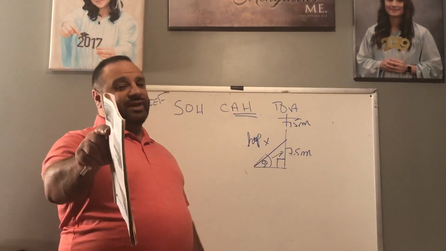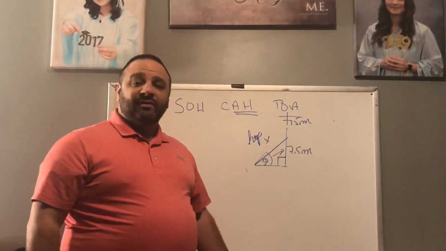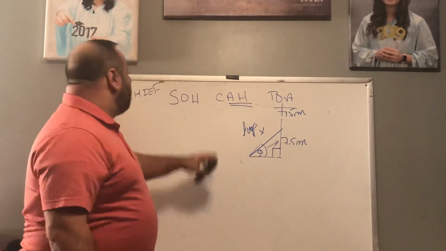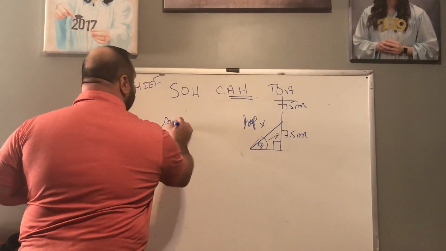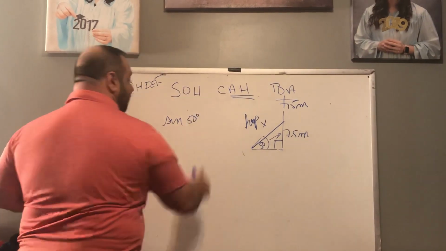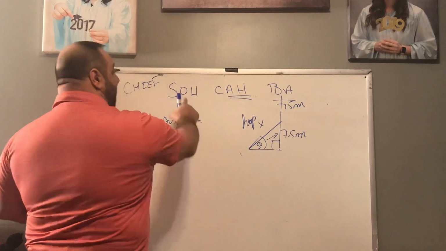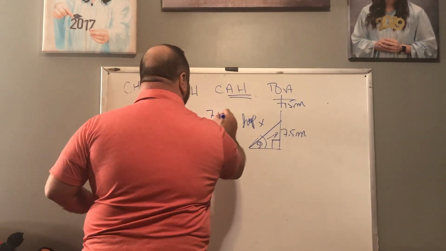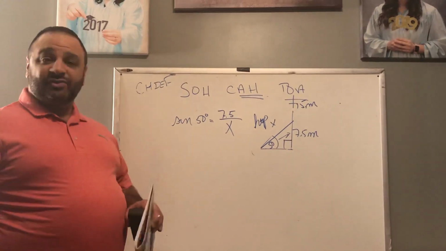Wake up. What do we have? Great. We have the sine ratio. So, the sine of 50 degrees is equal to the side opposite, which is 7.5 meters, over the hypotenuse.